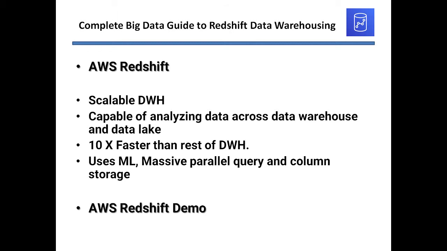What is massive parallel query? Massive parallel query uses multiple processors to execute one single query and retrieve one single result, whereas traditional SQL Server uses only one processor to execute a query and retrieve results.